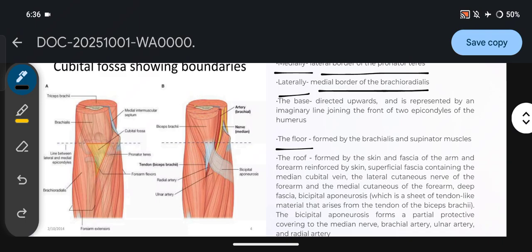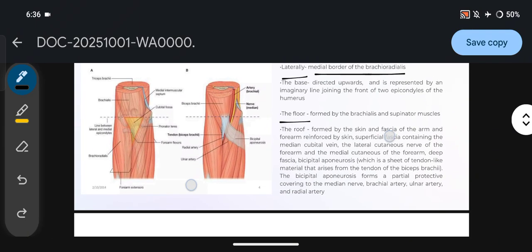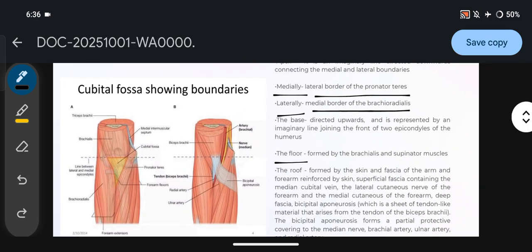Deep fascia is the bicipital aponeurosis, a sheet of tendon-like material that arises from the tendon of the biceps brachii, and it forms a partial protective covering to the median nerve, brachial artery, ulnar artery, and radial artery. This is the diagram you can see also.